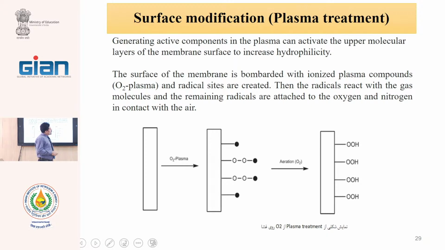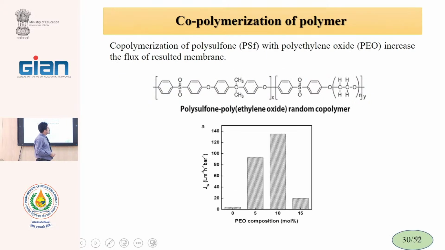For the production of these groups, there are different methods. One is plasma treatment. Oxygen plasma can produce radicals and cause a hydrophilic surface on the membrane surface.